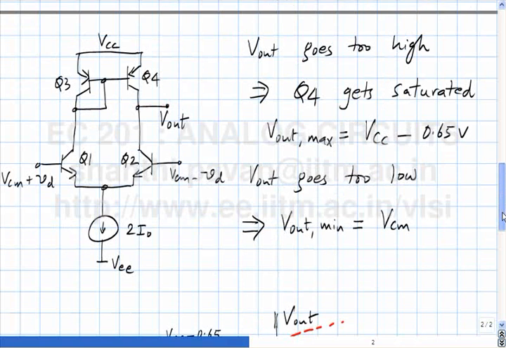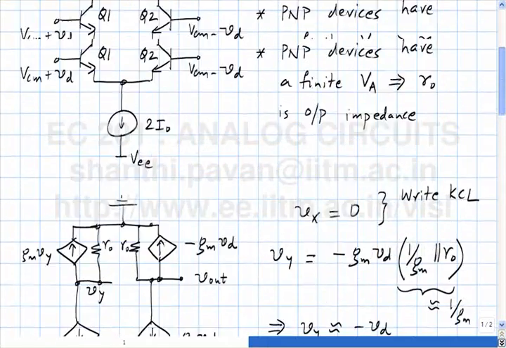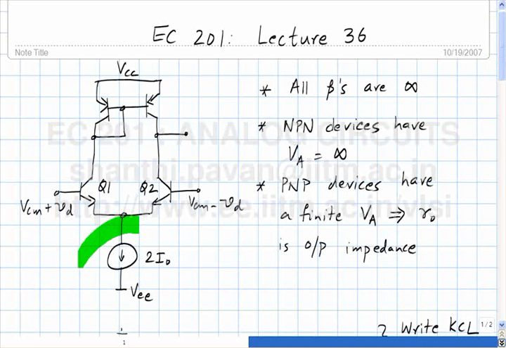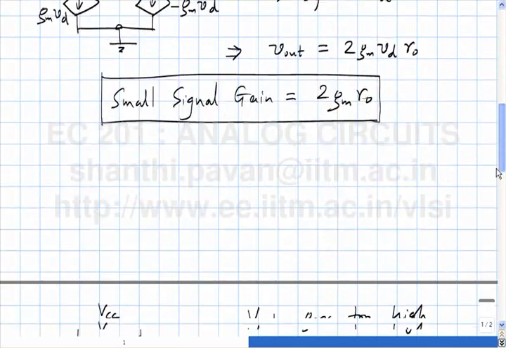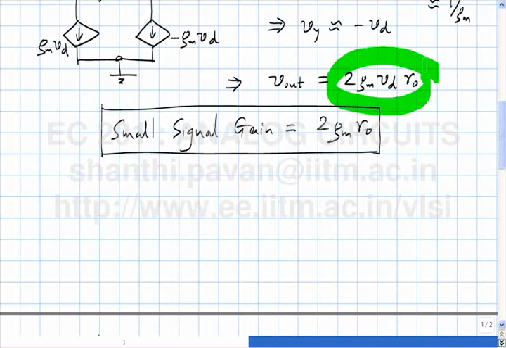And as we have seen here, if the output impedance of this current source is infinite, then the incremental voltage at the output is given by 2 GM VD RO.